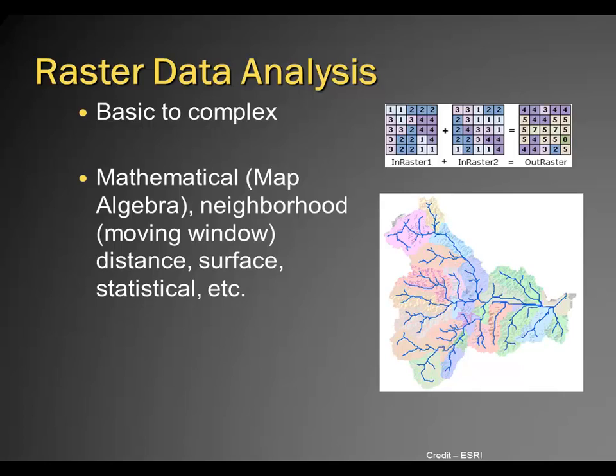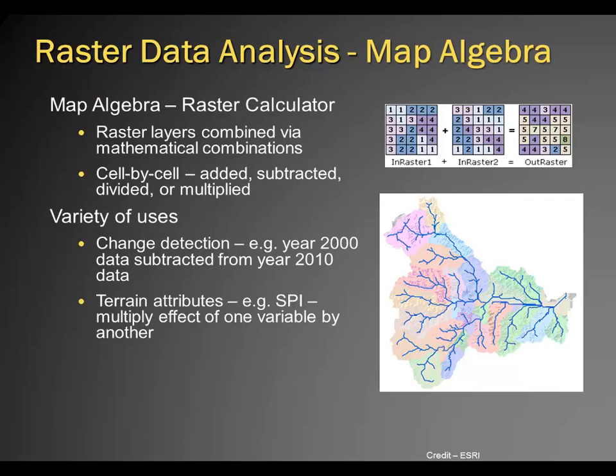So we use the terms map algebra for this special math that we use to process rasters, and we have concepts like moving windows, which we'll talk about. So the term you want to remember is raster analysis. It's all about cell size, and everything is handled as a complete surface. You have the entire checkerboard at all times, and it's brought together with map algebra.